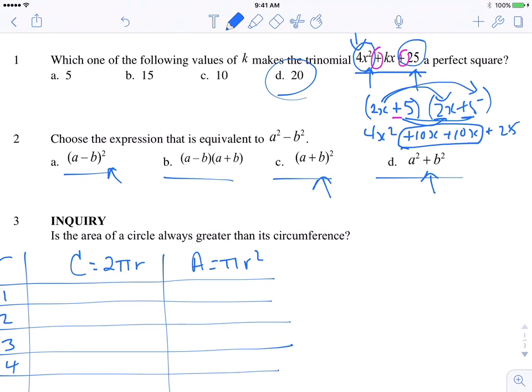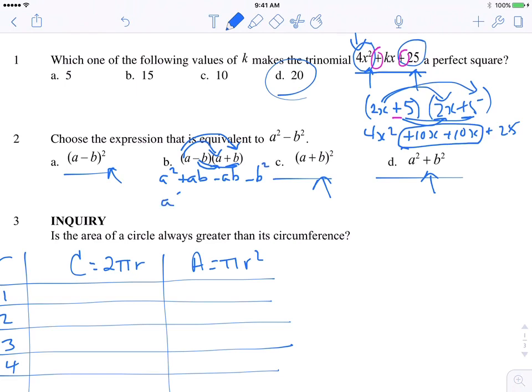And to show you why B is the correct answer, let's take a look at this. If you did a times a, you'd have a squared. If you were expanding this, you'd FOIL, and a times b would be positive ab. And then this negative b times a would be negative ab, and then negative b times positive b would get you negative b squared.